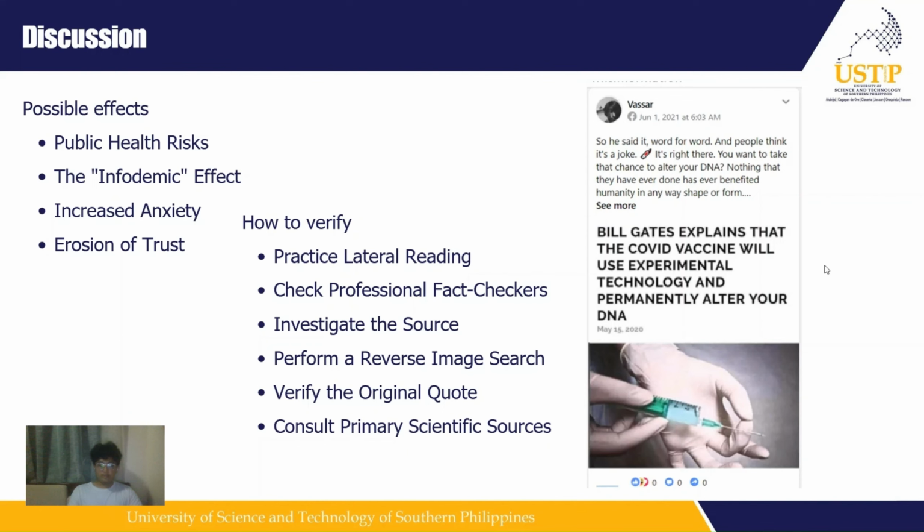Perform a reverse image search using Google Lens, verify the original quote if it's actually true by using articles from big news outlets, and consult primary scientific sources.